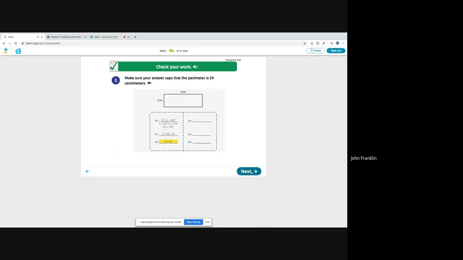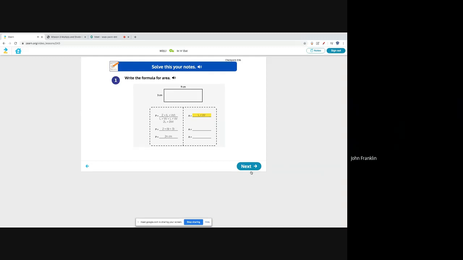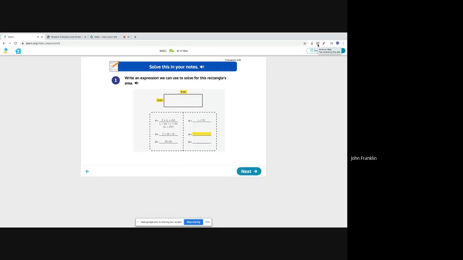We were good based on what we did. Okay, so we wrote length times width. Okay, so we're going to do again right on web.